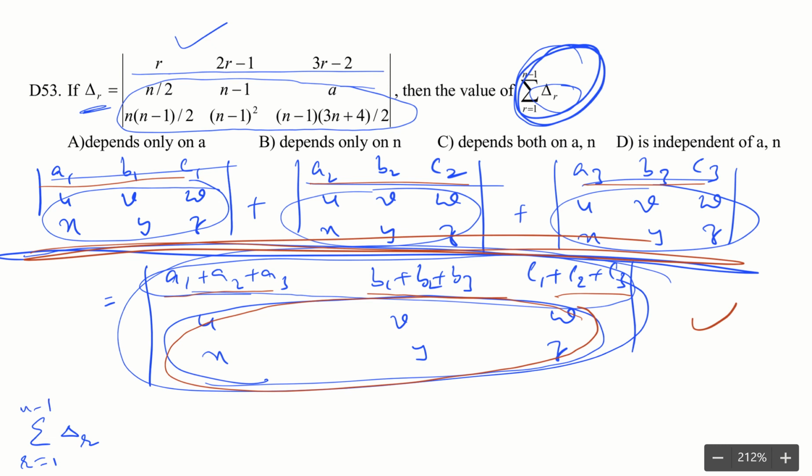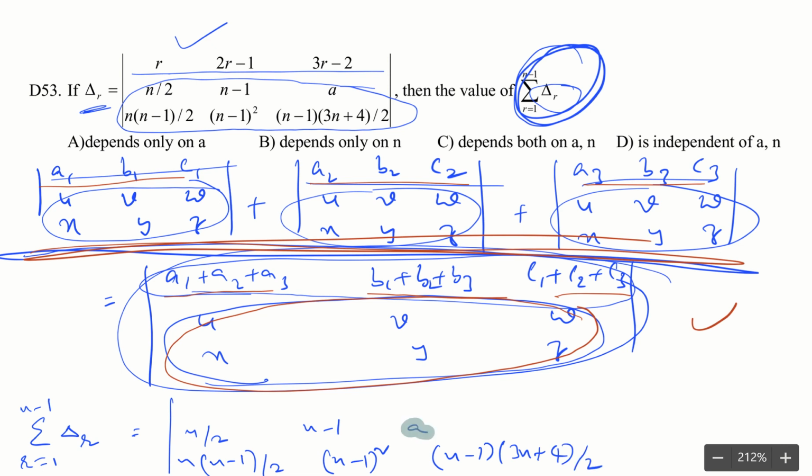So applying that story here, you can see that now sigma delta R, R equal to 1 to n, is nothing but keeping the remaining two rows as they are, n by 2, n minus 1, A, n into n minus 1 by 2, n minus 1 whole square, n minus 1 into 3n plus 4 by 2. For fun, I adjust them, I'll write A here.